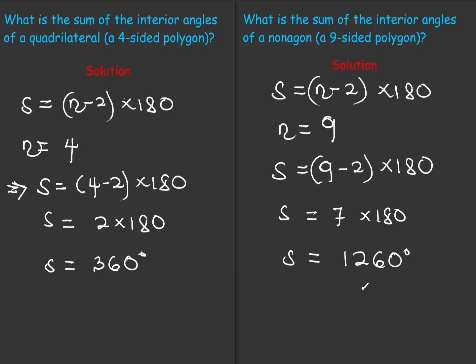So if you take any nonagon, the sum of its interior angles gives you 1260. Just as you can find the sum of interior angles, you can also find the number of sides, provided you have the sum of interior angles already given to you. Let's look at one question that applies that rule.